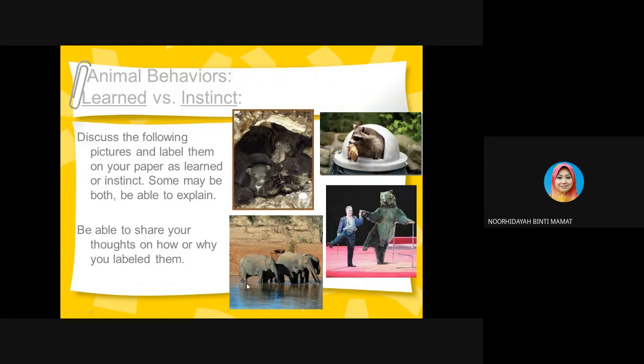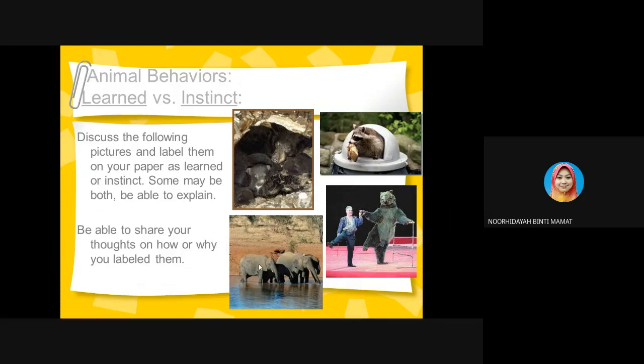Okay, you see the elephant here. So the elephant may have both instinct and learned behavior. The instinct one is they travel to water when the rainy season hits the savannah. Okay, so that is what we call instinct behavior.